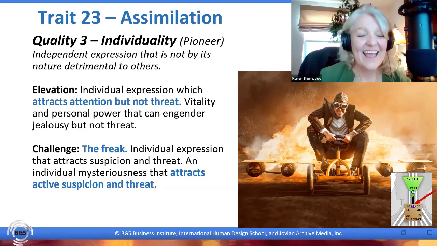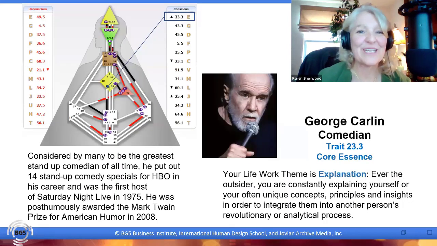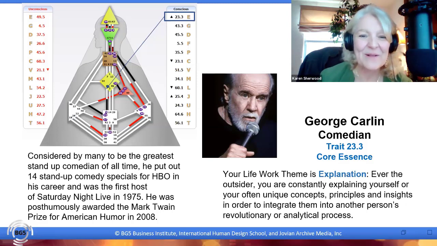Exactly. And I thought this was brilliant too. I don't know if you know the comedian George Carlin. He has trait 23-3, and he also has the life work theme of explanation. So ever the outsider, you are constantly explaining yourself or your unique concepts, principles, and insights in order to integrate them into another person's revolutionary and analytical process.